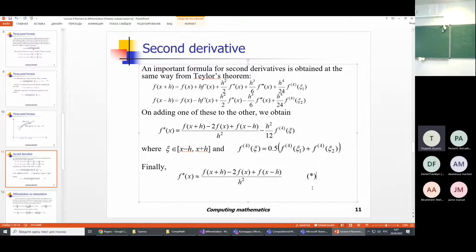Please do it and find the value of the second derivative using the formula star. f of x equals 1. f of x plus h equals 1.1 in cube. f of x minus h equals 0.9 in cube.